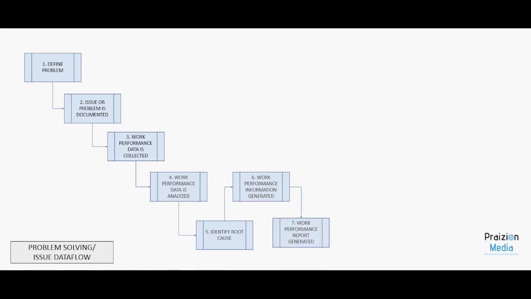The next step, work performance reports are generated. This is done in the monitor and control project work process. So think about it. You glean data, you identify the root cause of a problem, you document this as work performance information, it gets filtered, and the most relevant parts get put into a report.